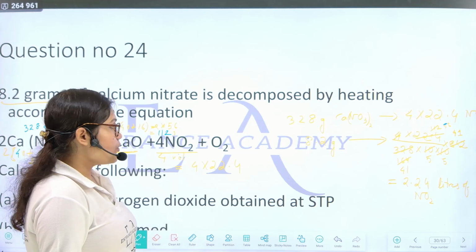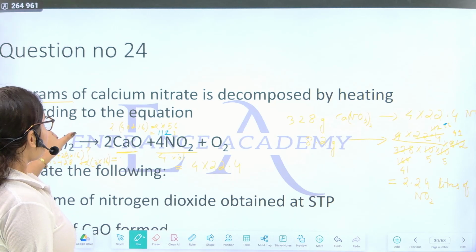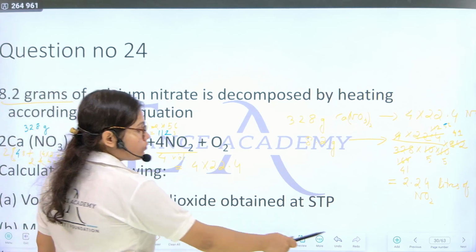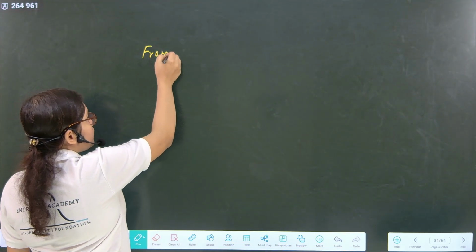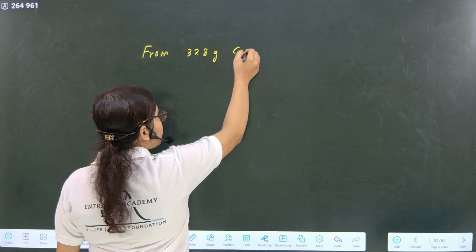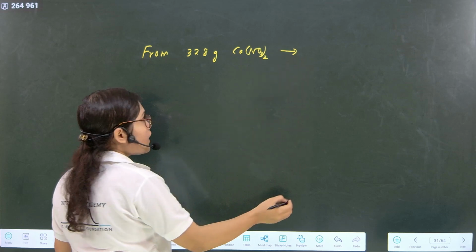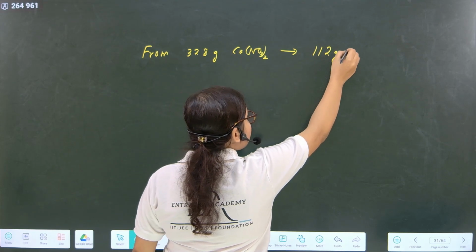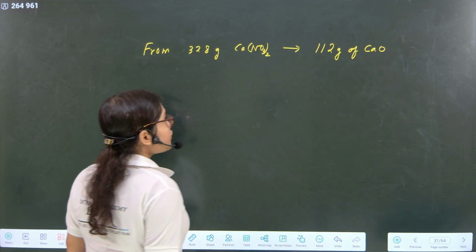Then mass of calcium oxide formed. So from 328 grams of calcium nitrate, we have 2 into 56, 112 grams of calcium oxide formed.